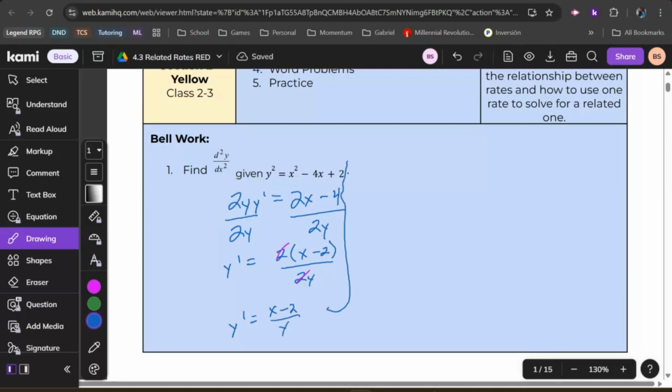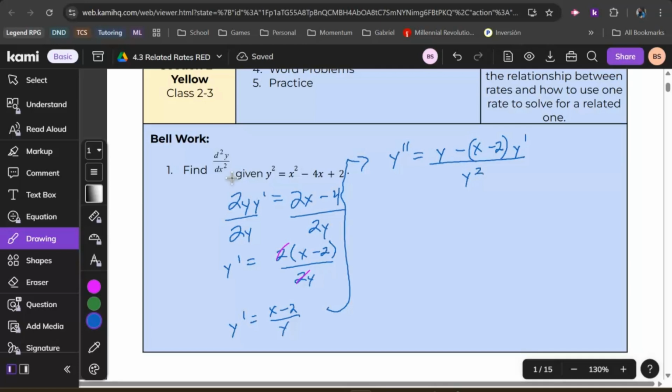So let's go ahead and do that right here, where we're going to have y double prime, because the derivative of y prime is y double prime, equals, now we've got to do a quotient rule. So low d high, which is 1, minus high d low, which is y prime, all over y squared.